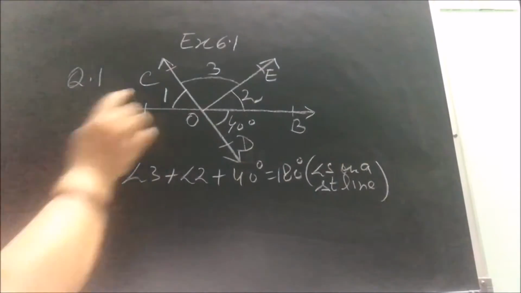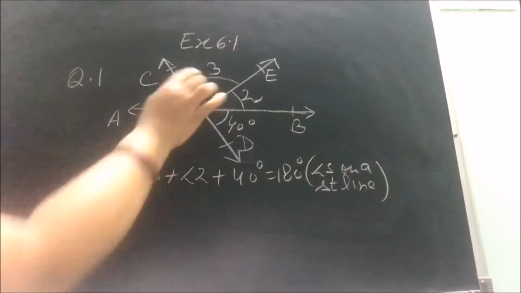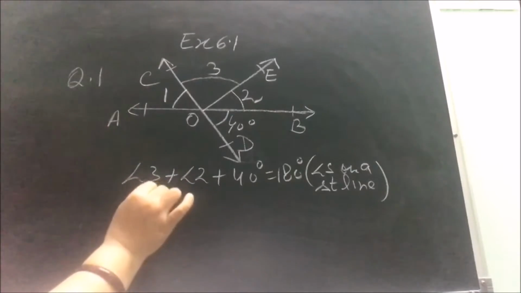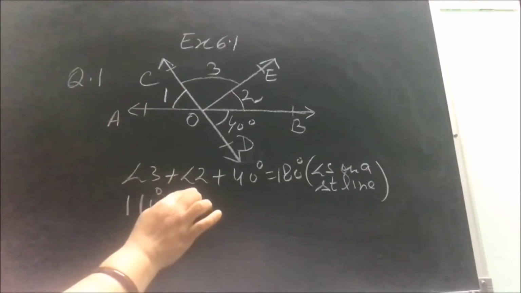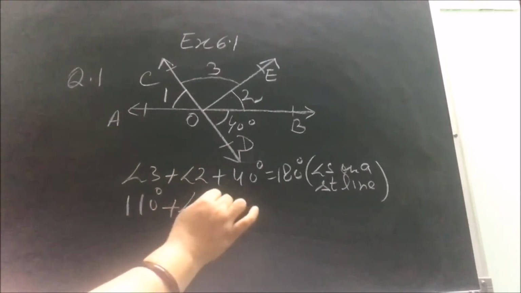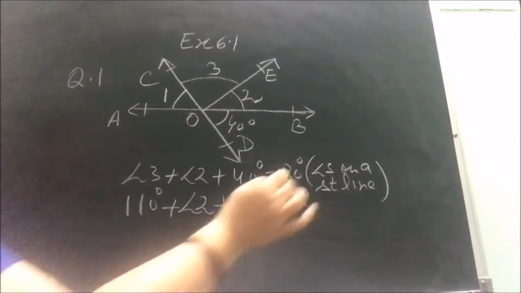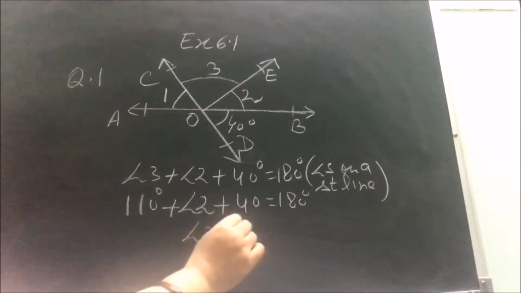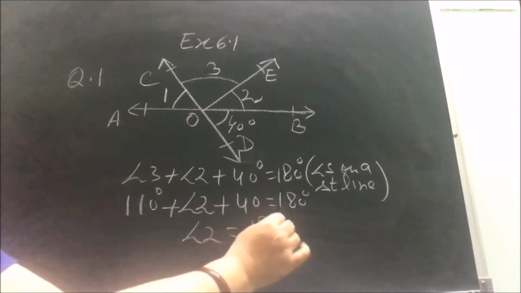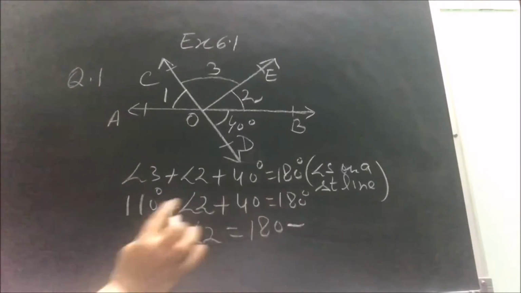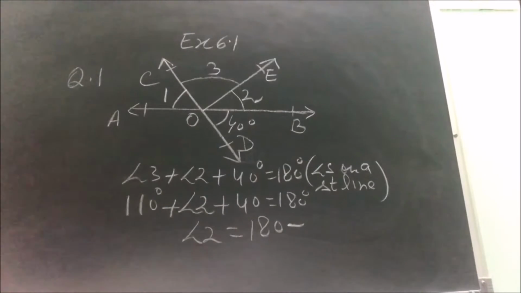Right. The value of angle 3, that is angle COE, is 110 degrees. Angle 2 is not known to us. So in this way we can find the value of angle 2. See, 180 here, and 110 plus 40 is 150.